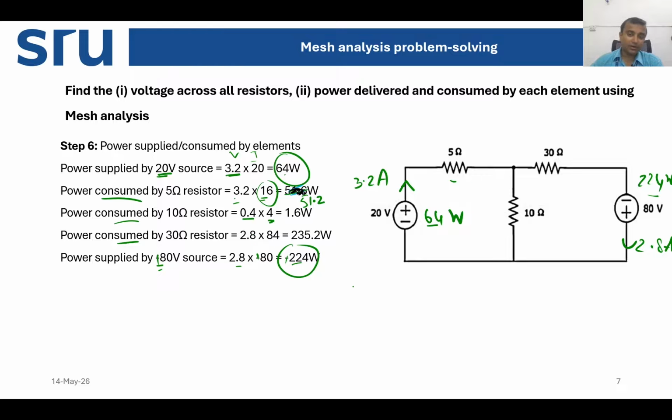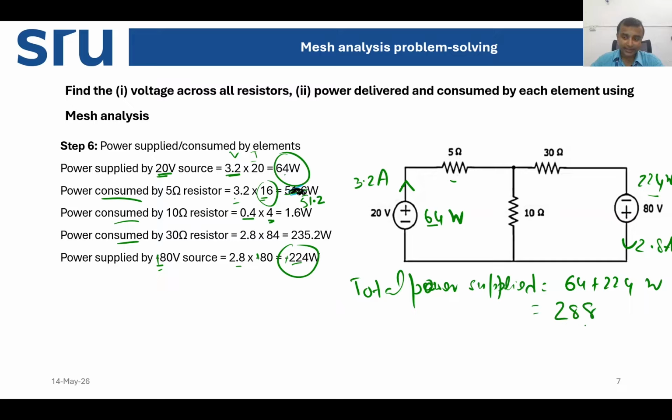So the total power supplied is 64 plus 224 watt equal to 288 watt, and the total power consumed is the power consumed at the 5 ohm, at the 10 ohm, and at the 30 ohm.